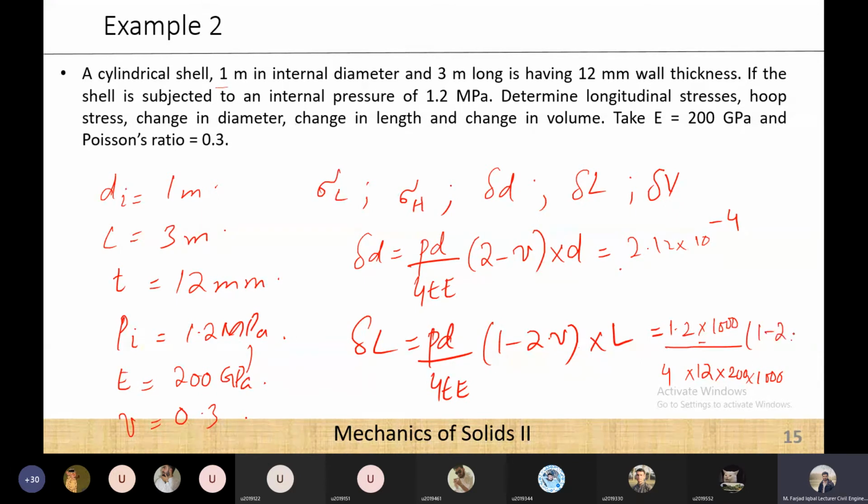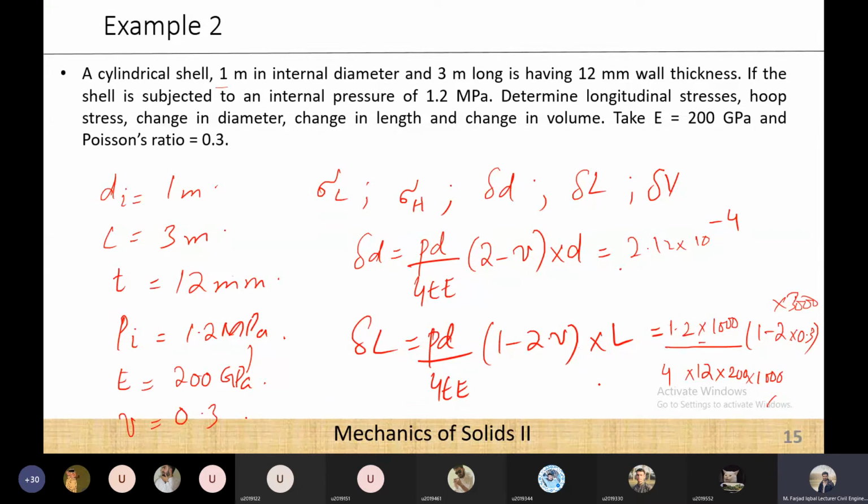Then we have 1 minus 2 into 0.3, and the original length is 3 meter, so multiply this whole expression by 3000, because if I convert this into millimeters, that will be 3000 mm.